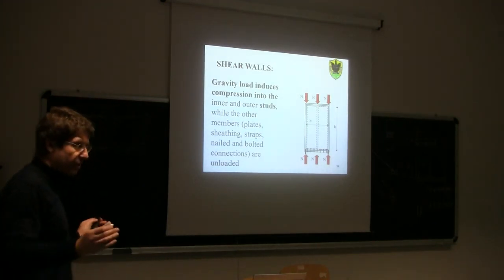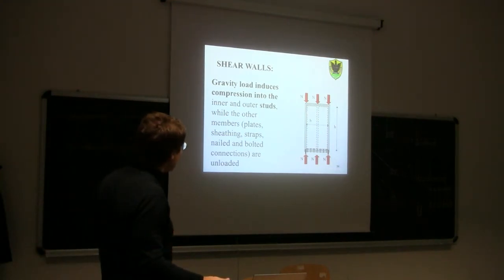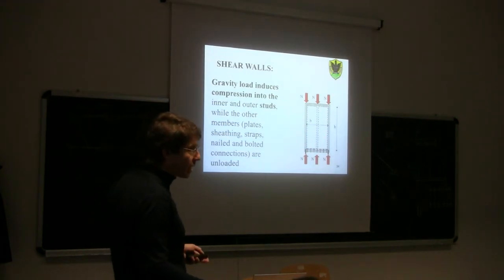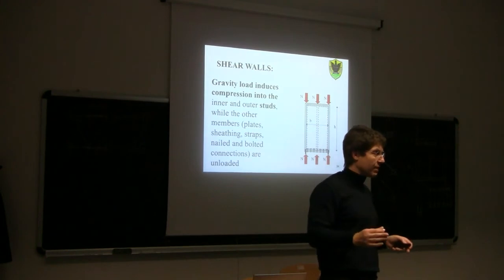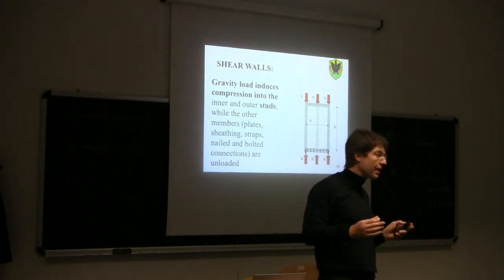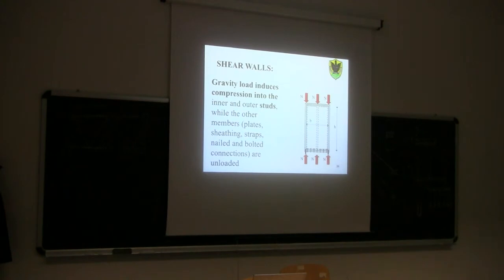Okay? Is it clear to all of you? So, for vertical load, the only element stressed is the studs, and we will have to check out of plane buckling of the studs in compression. Strictly speaking, however, there is also stress in some other elements. Which other elements?